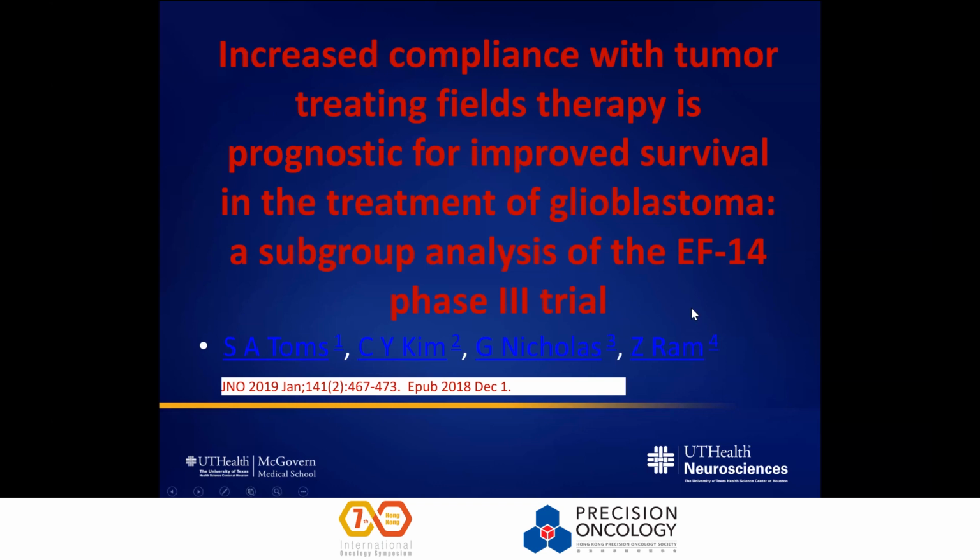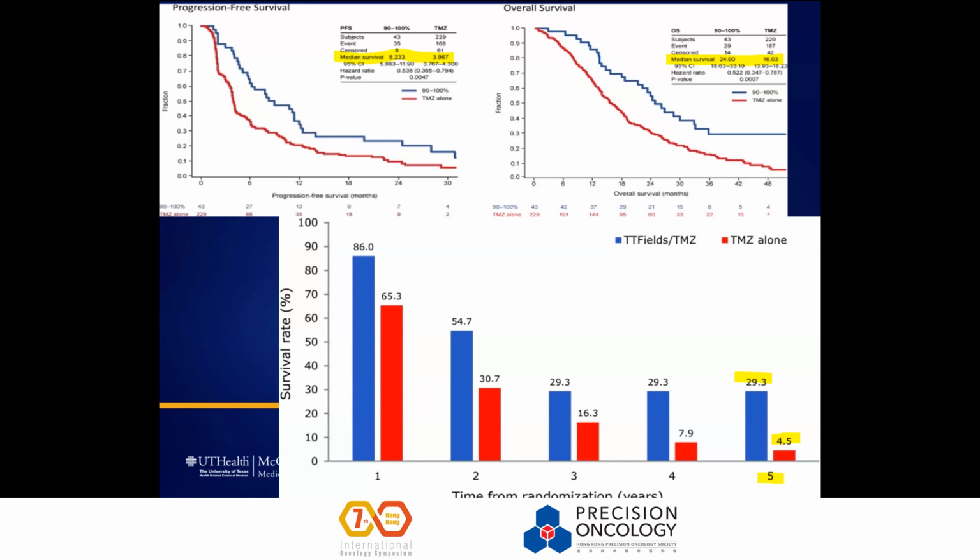Next is a subsequent analysis of the EF14 data, looking at compliance versus overall survival as a prognostic factor. This paper was published in JNO in 2019. So this is the data. I'm going to go over this slowly because these are complicated slides.